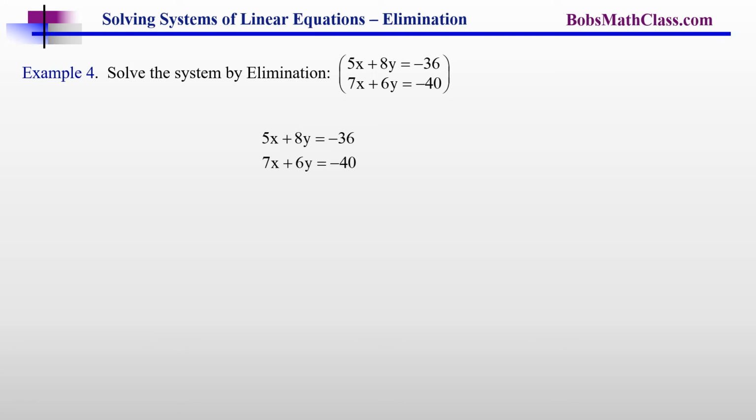The y's, 8 and 6, LCM would be 24. If you use 48, it wouldn't be wrong, just have bigger numbers. But you would use 24, one positive, one negative. It doesn't really matter, it's totally your choice. I'm going to get rid of the x because we've been getting rid of the y, I believe. So I'm going to multiply the top row by negative 7 and the bottom row by positive 5. Again, that's just my preference.